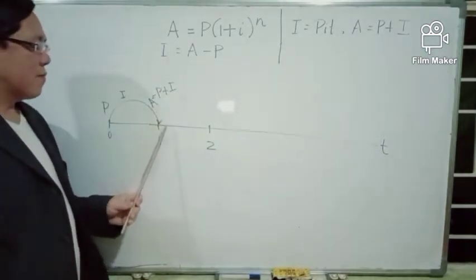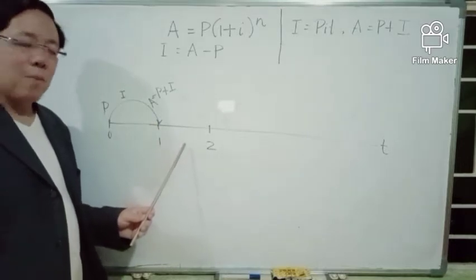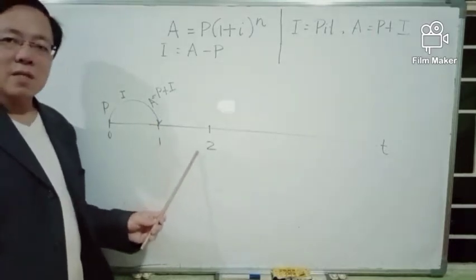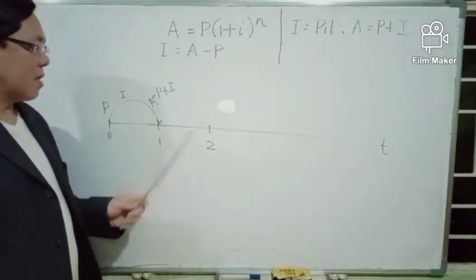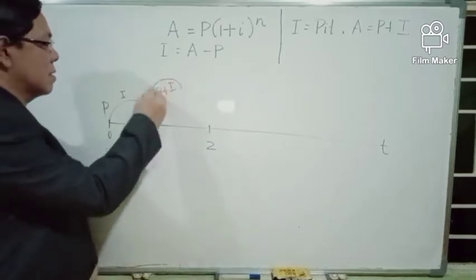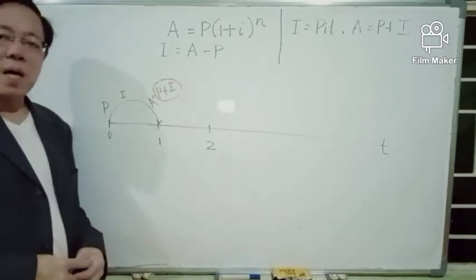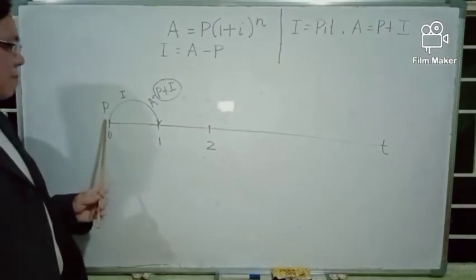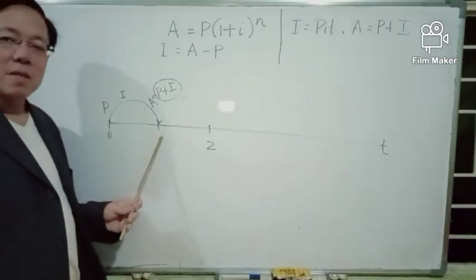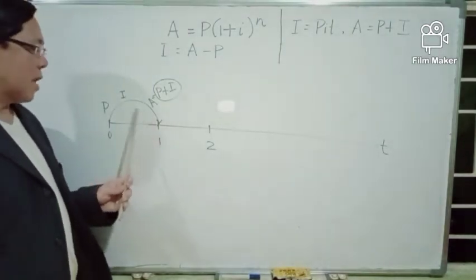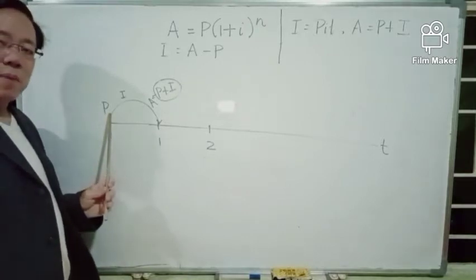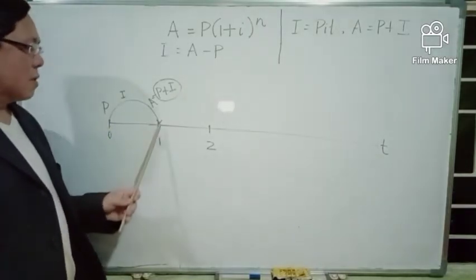And for the computation of the compound interest for the second year, the principal is the accumulated value of the original P at the end of 1 year, the accumulated value of the original principal invested at t equals 0.